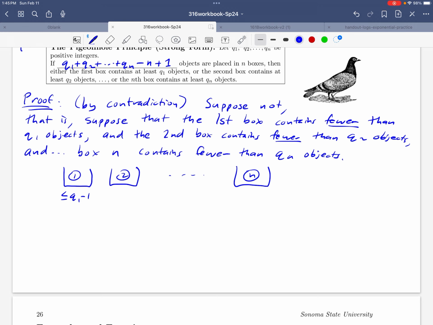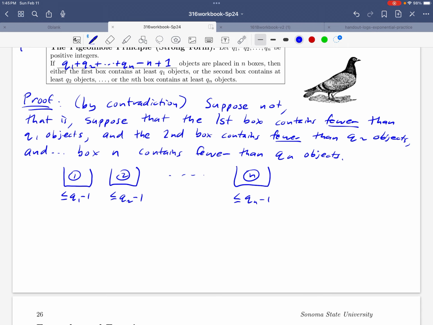Similarly, box number 2 has to contain fewer than q2 objects, so the biggest number of things that could be in box 2 is q2 minus 1, one less than q2, and so on until we get back up to box n. That contains less than or equal to qn minus 1 objects.